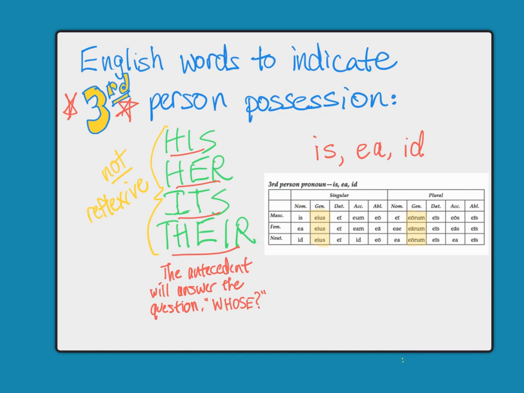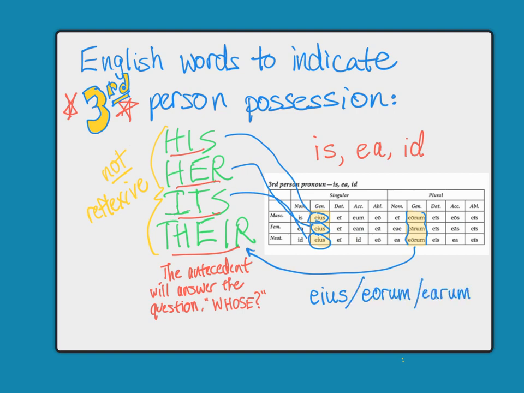The non-reflexive his, her, and their is only ever going to look in Latin like eius or earum or eorum. Eius is used for all genders in the singular, and eorum and earum cover masculine, feminine, and neuter in the plural. These are the only forms that express third-person possessive for non-reflexive possession.